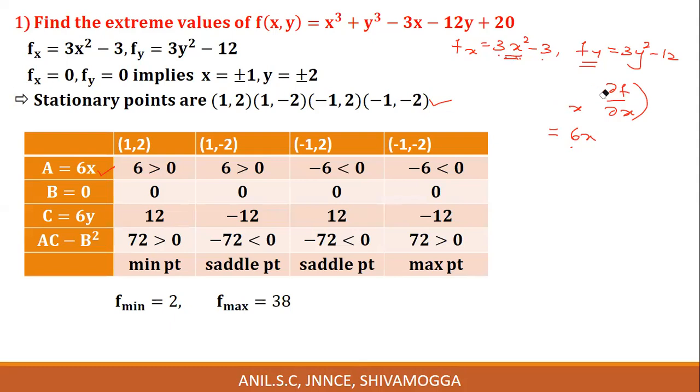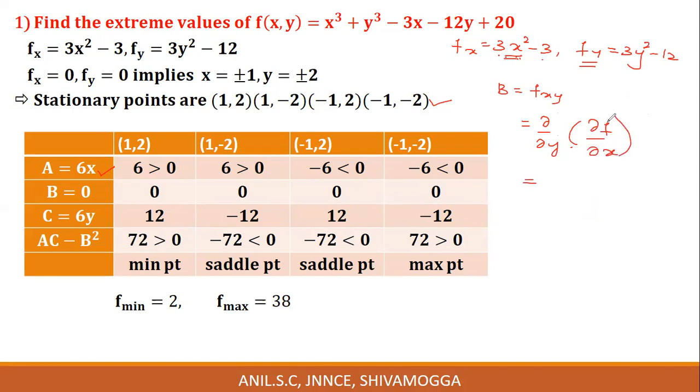Next b. What is this b? B is equal to fxy. Fxy can be written as del by del y of del f by del x.